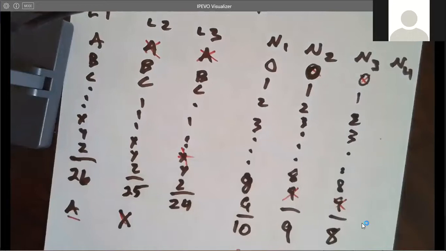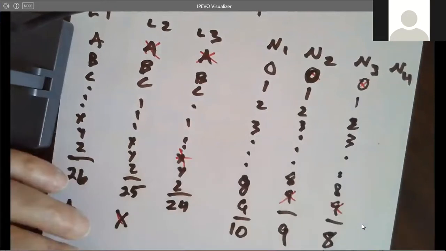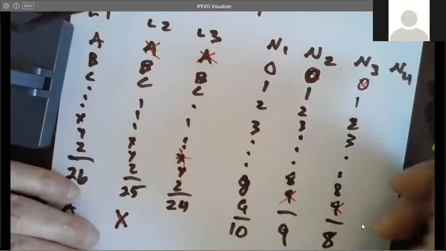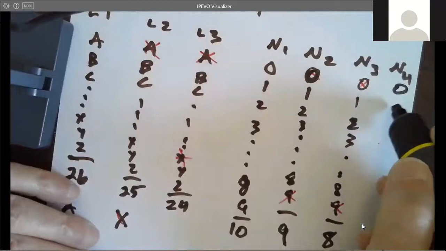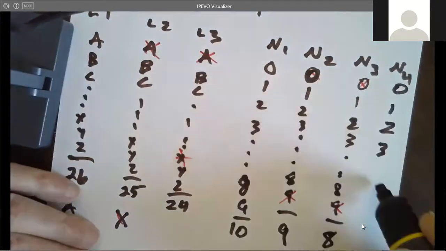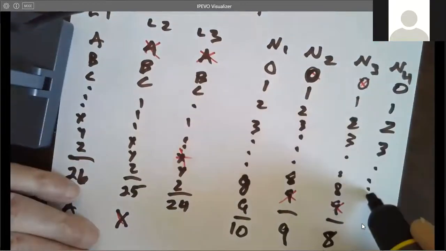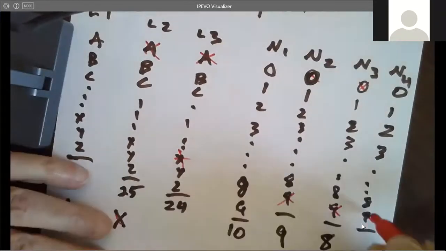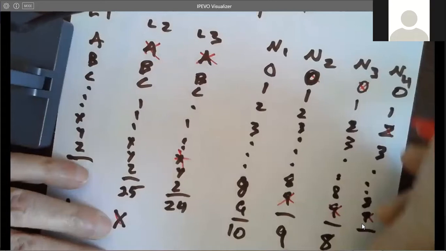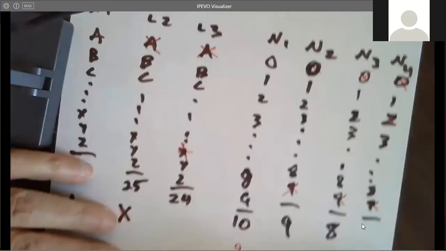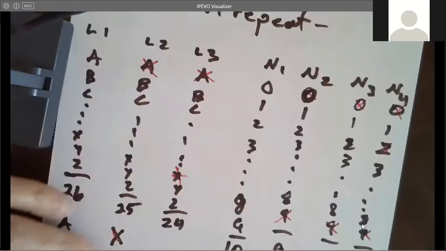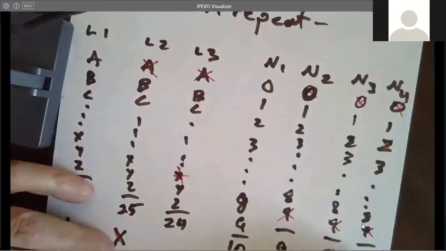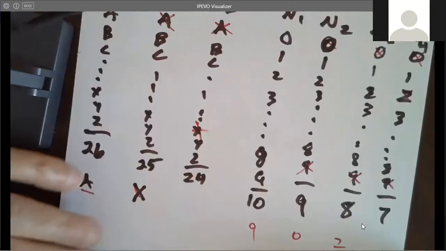And let's say we choose a 2 for the third digit. So now 0 is taken and 2 is taken and 9 is taken. So we can't use 9, can't use 2, and we can't use 0 because those are already being used. So that means we only have 7 left over.